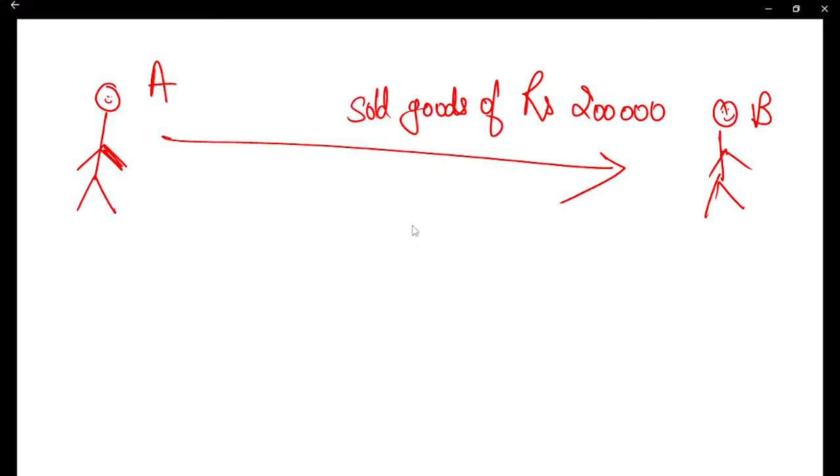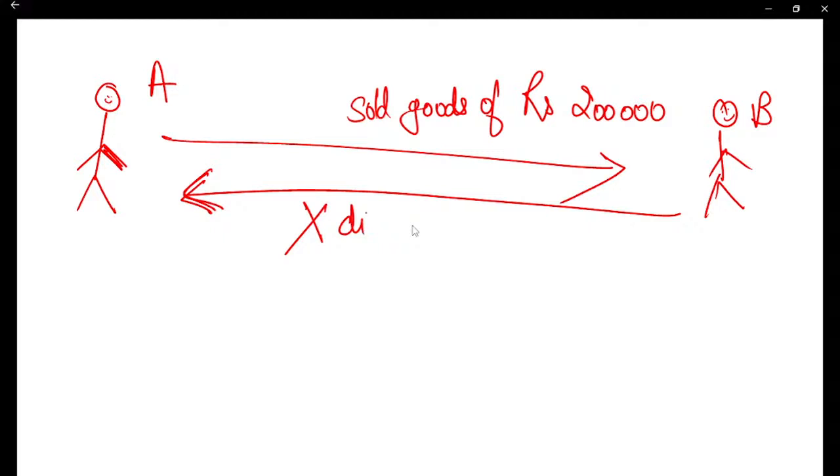Well done, Kamya. So now, B does not pay. B did not pay cash to him. B ने cash pay नहीं किया.